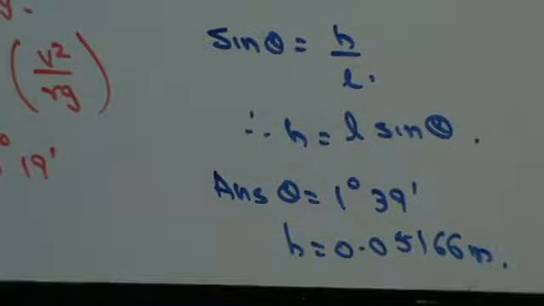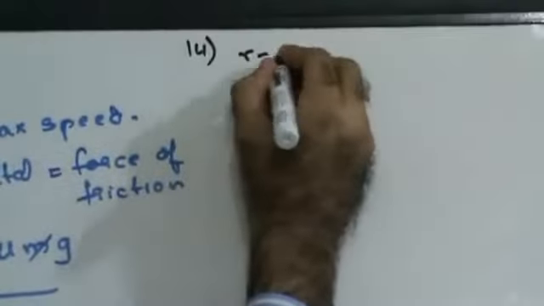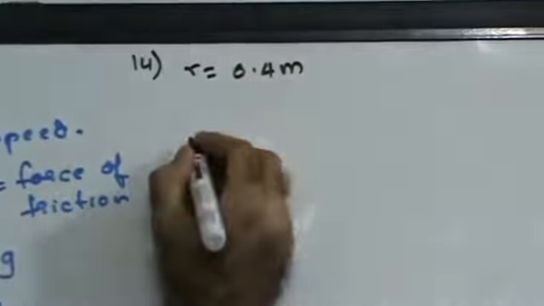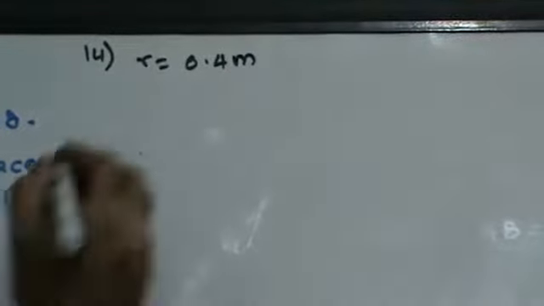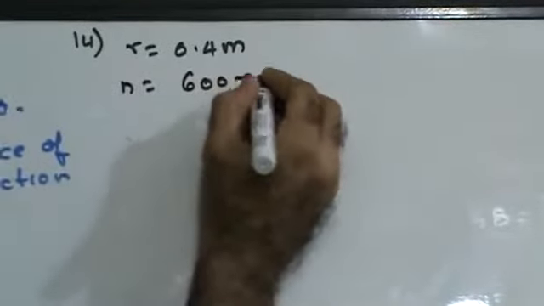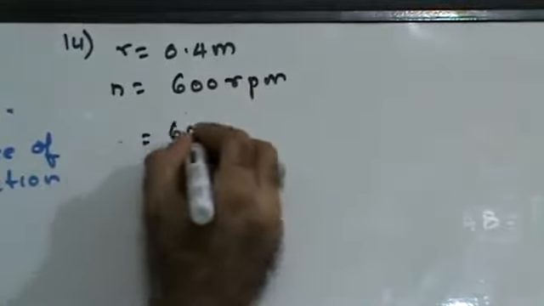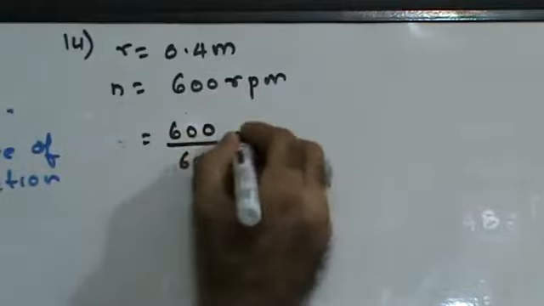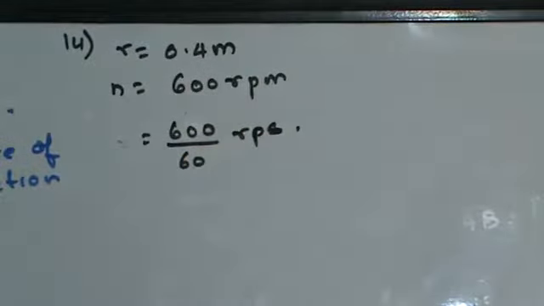A particle revolves in a circle of radius 0.4 meters at the rate of 600 rpm.